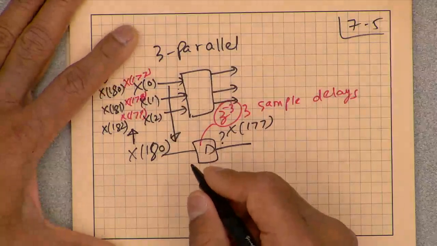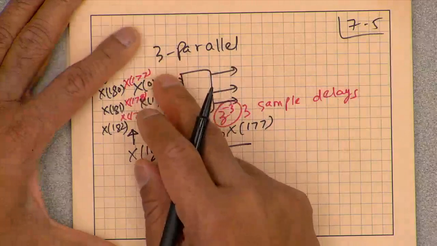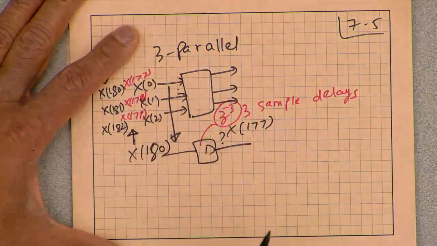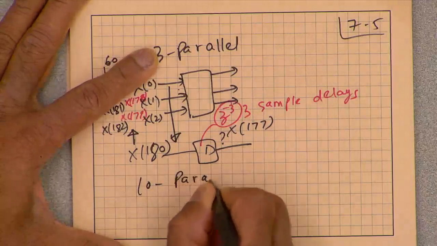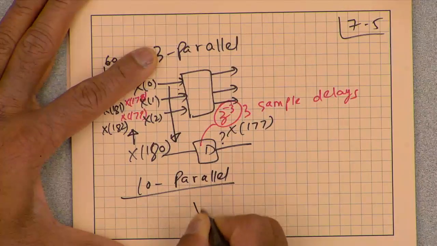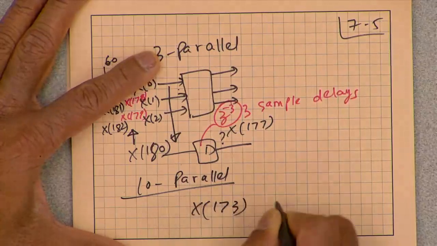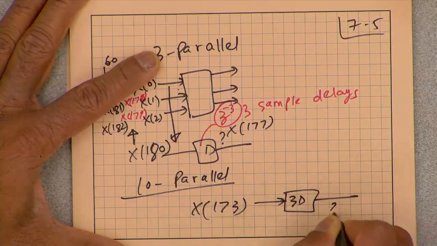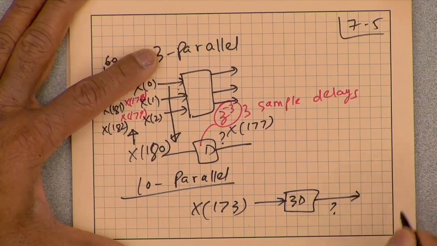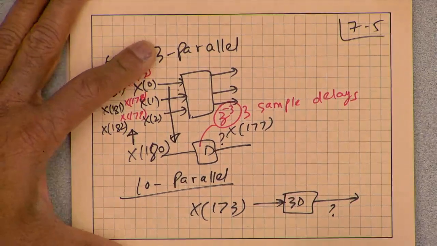That's because at any given clock cycle I am feeding 3 different inputs. So let's say I have a 10 parallel system and I have certain sample number x 173 and I feed that to 3 delays. What would be this sample number? Any volunteers? Go ahead. 143.